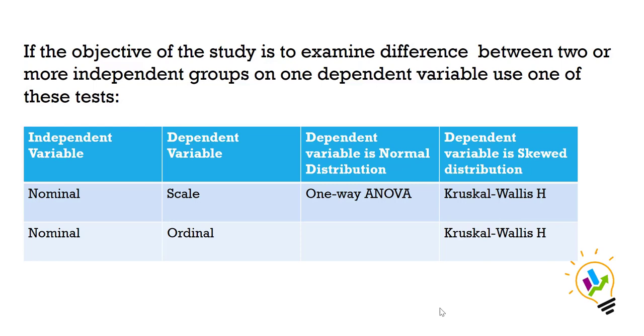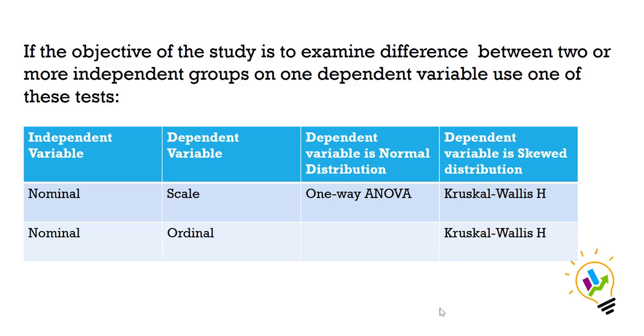The independent variable is nominal, with more than 2 levels; it may be 3, 4, 5, however many levels it may be. The dependent variable is scale data, and if this dependent variable is normally distributed, it is one-way ANOVA. If it is not normally distributed, you must use the Kruskal-Wallis test. This is a non-parametric test.